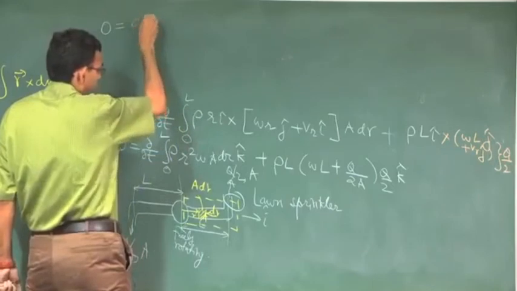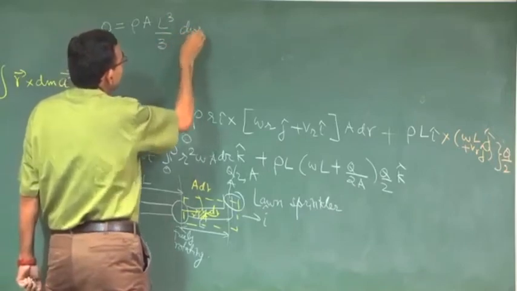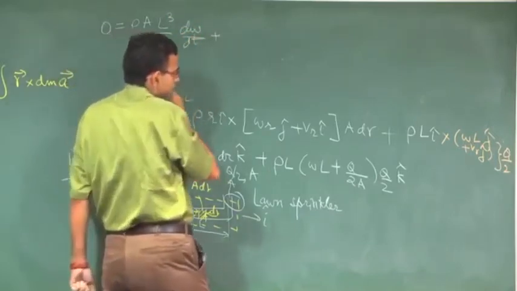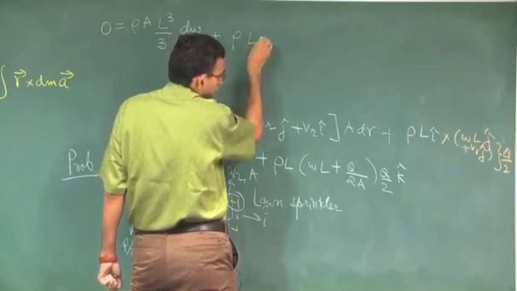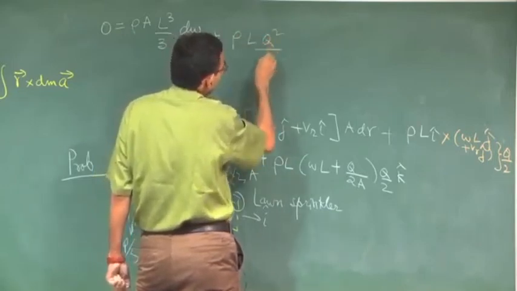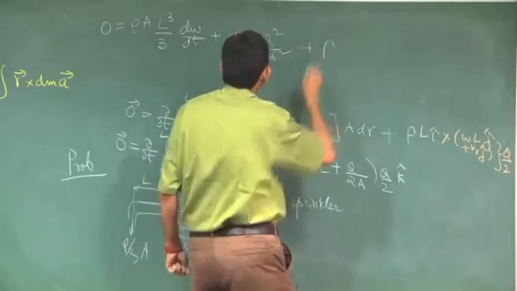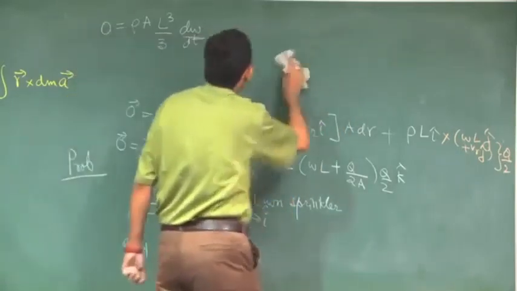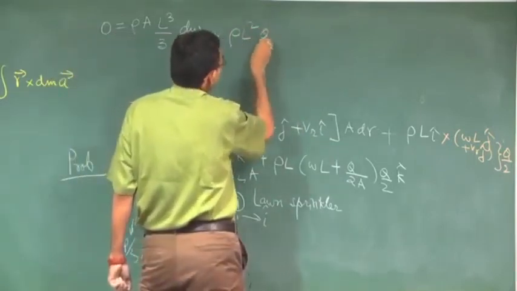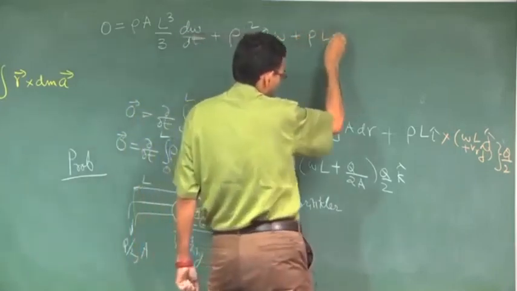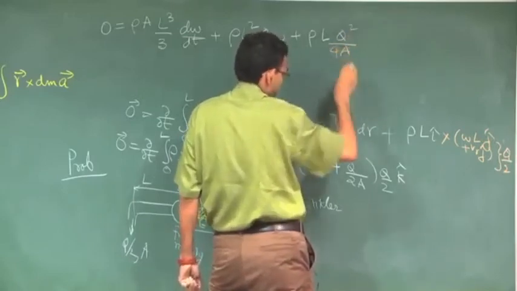So rho a L cube by 3 d omega dt plus rho L q square by 4a square plus, sorry, there is another term, so let us write that first, plus rho L square q by 2 omega plus rho L q by 2a or q square by 4a, right.